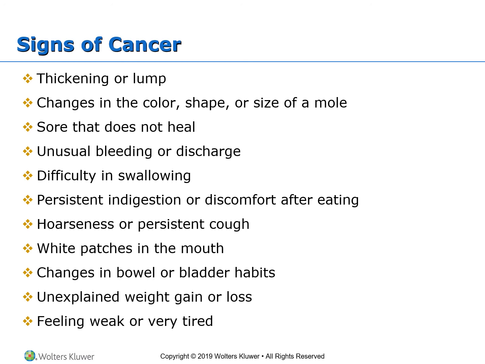It can be a thickening or a lump, a changing color, shape, or size of a mole, a sore that does not heal, a kind of lesion that never healed properly, unusual bleeding or discharge, difficulty in swallowing, persistent indigestion or discomfort after eating, hoarseness or persistent cough, a white patch in the mouth, changes in bowel or bladder habits, unexplained weight gain or loss, or feeling weak or very tired.